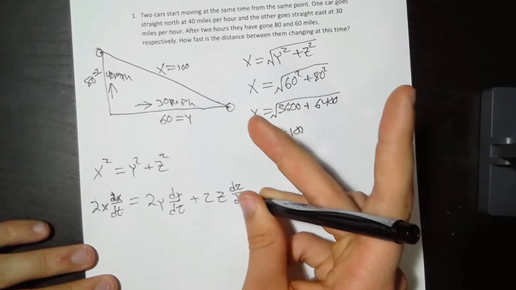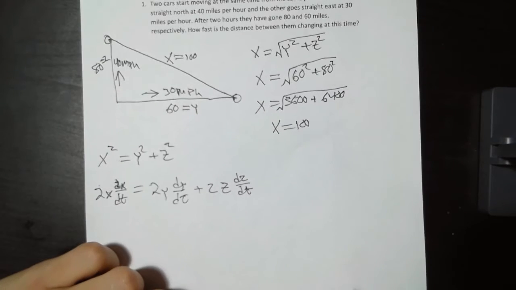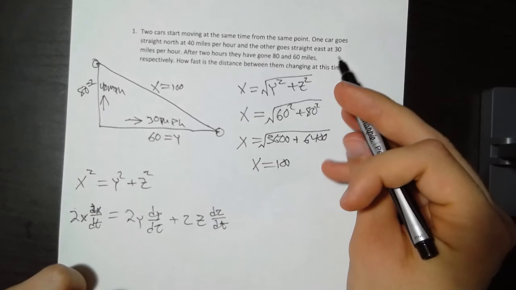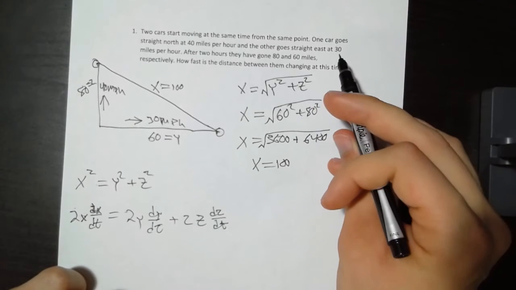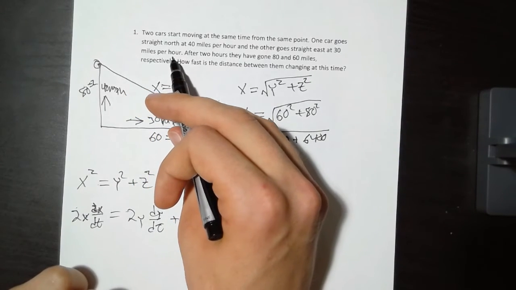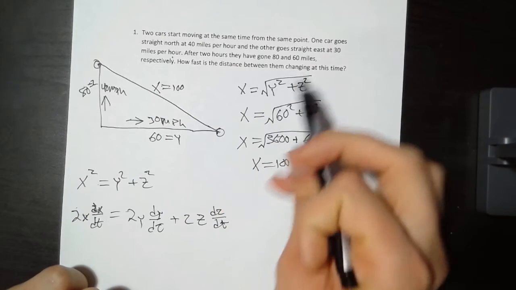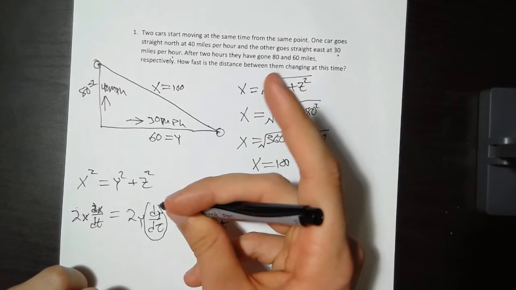dz over dt. Okay, in the problem, it tells us that the car going east is going at 30 miles per hour. Miles per hour, distance over time, that's rate of change, that's a derivative. So for y, 30 miles per hour is our dy dt.